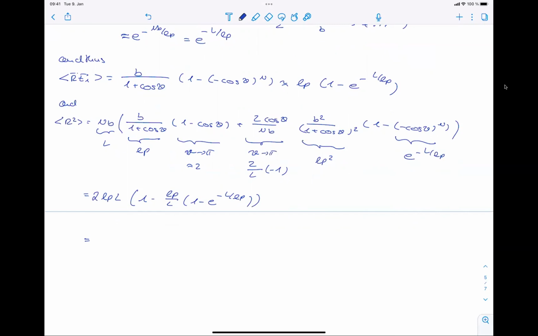which has a lot of meaning, particularly if we now take the limiting cases to check if this expression actually makes physical sense to us, given our physical intuition of the system. So if we look at L much bigger than LP, so for a very flexible polymer, we take this limit, we get 2 L LP, which is behavior like a freely jointed chain or Gaussian chain.